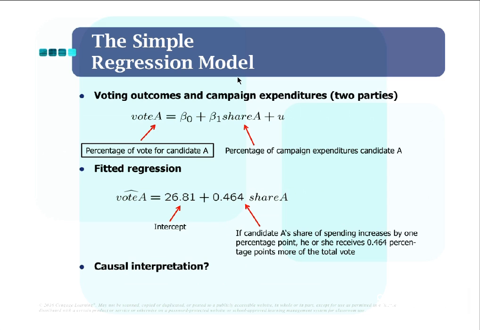Here's another example in which we study the relationship between voting outcomes and campaign expenditures. Here we have data on election outcomes and campaign expenditure for 173 two-party races for the U.S. House of Representatives in 1988.